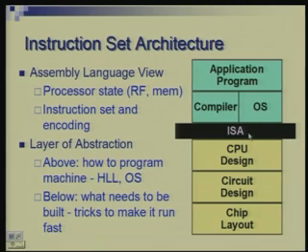Below the ISA level you have the broad CPU design, then at a lower level you have circuit design. Okay. And for fabricating this circuit, for physically realizing this, you need to have a layout, okay, where you need to worry about where you place a transistor, where you place a wire, how you interconnect them and so on. So, it is not just a network, but a physical dimension, a physical manifestation is assigned to these components.